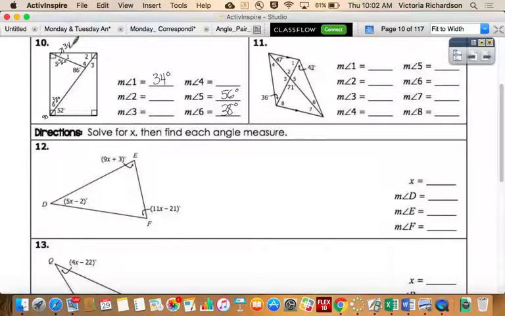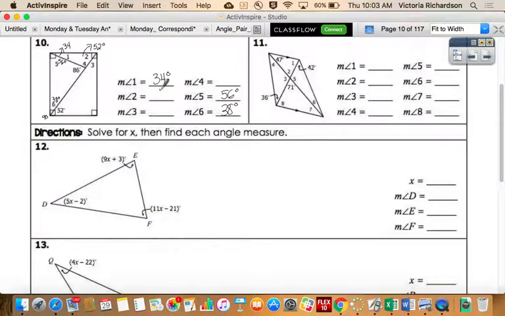And now you have to remember that this line is going to be parallel to this line. So you've got that alternate interior thing going on again. So if this angle is 52 degrees, this angle has to be 52 degrees. Because this is on this side of the line or the transversal, and this is on the other side.